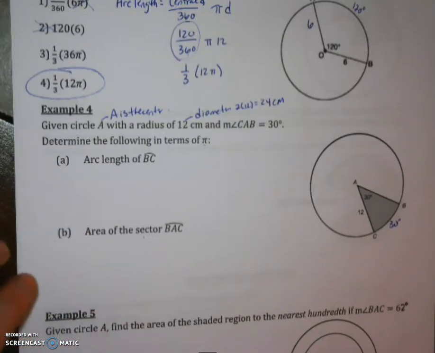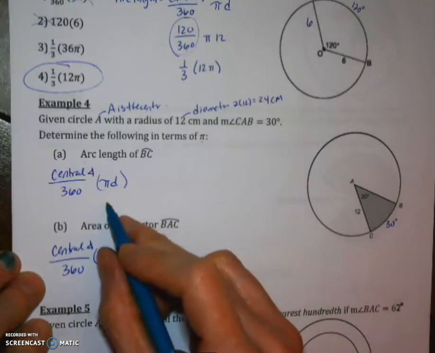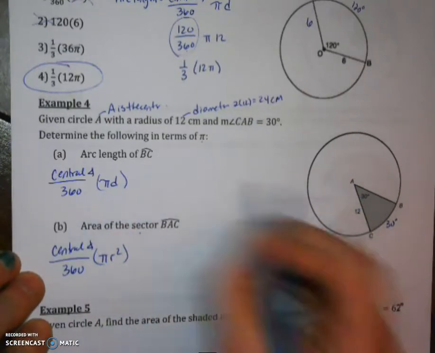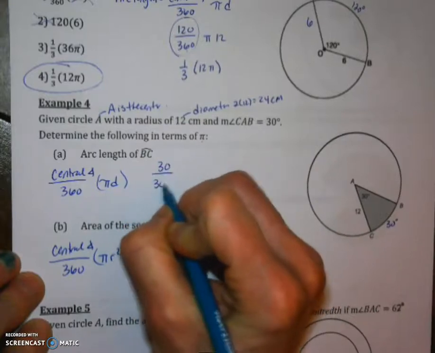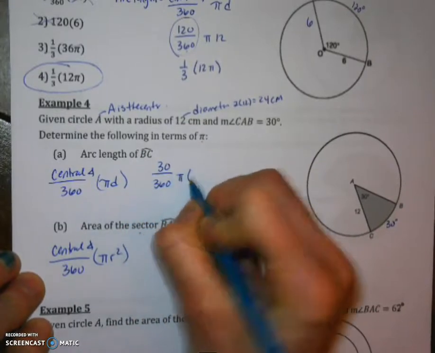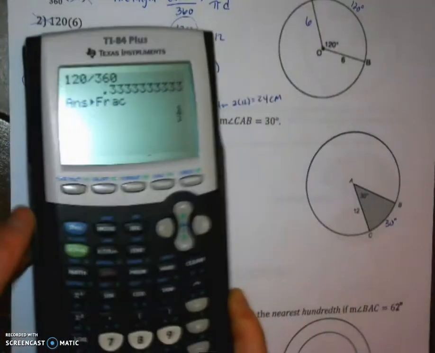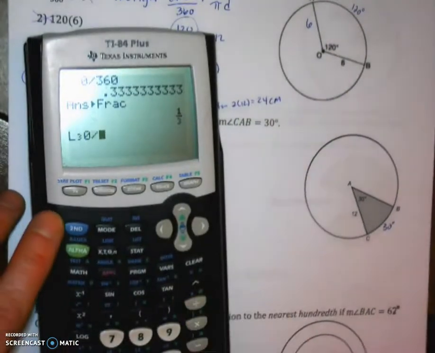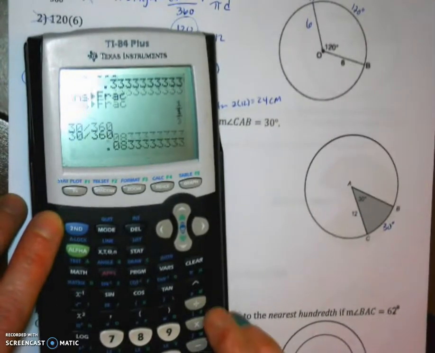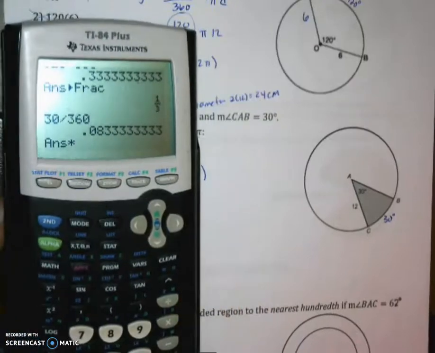Start out with the formulas. And once you have the formulas, it's just plugging it in. So the central angle is 30 degrees out of 360, you're multiplying that by pi times the diameter of 24. So 30 divided by 360, and then you're going to multiply that by 24.